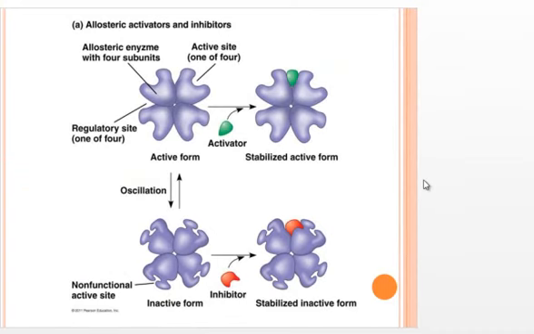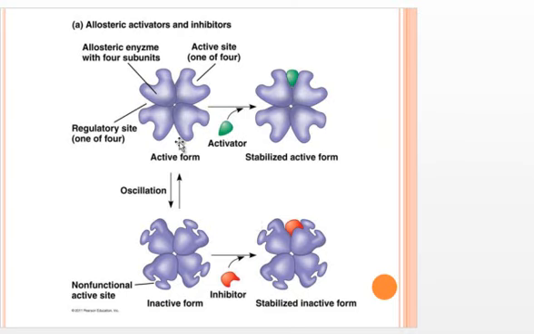Allosteric activators and inhibitors. If this is the active site here, so this would be an active site, and you'll see that there are 4 on this particular molecule, and then there are regulatory sites. So basically, the activator can come in, and so it's set in its active form. It's going to fit the substrate.